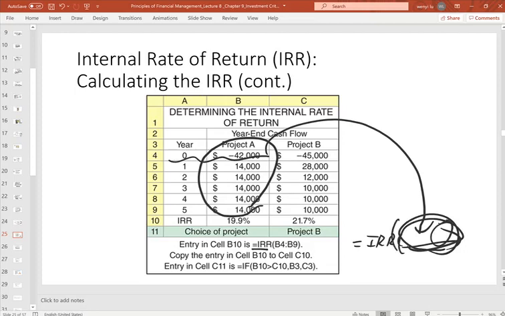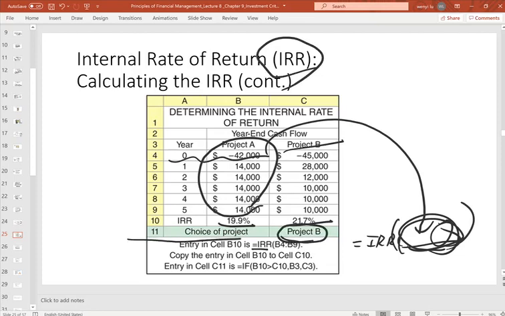Then you will see the answer directly, and you can see which one is the choice, because project B generates more return than A. We will prefer project B based on our IRR criterion.